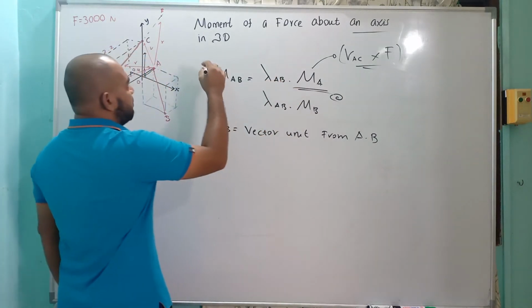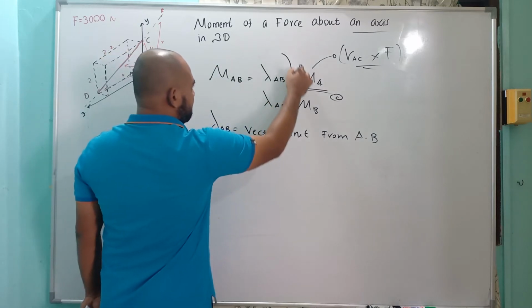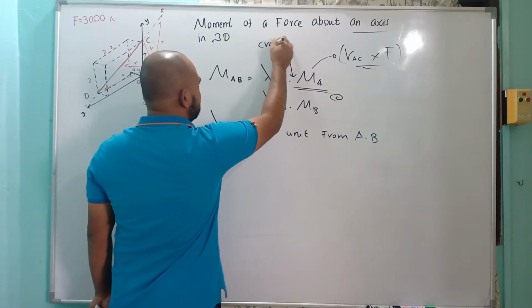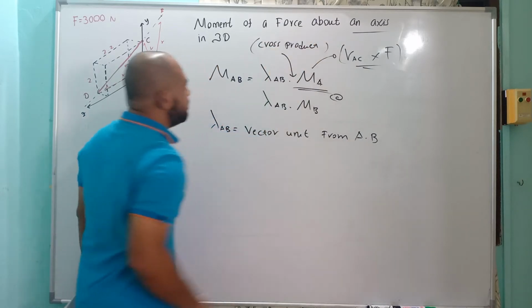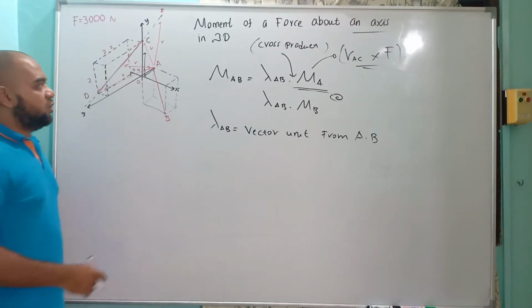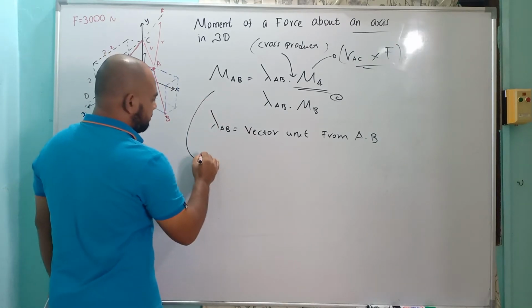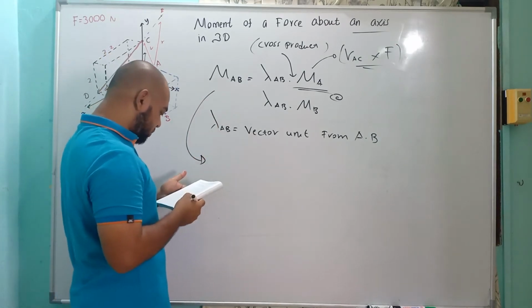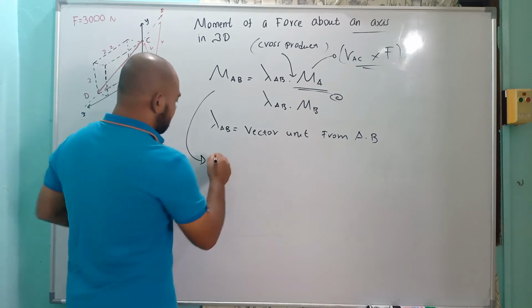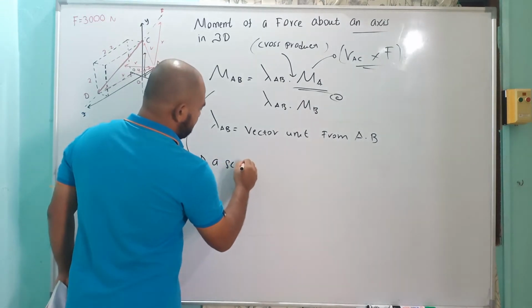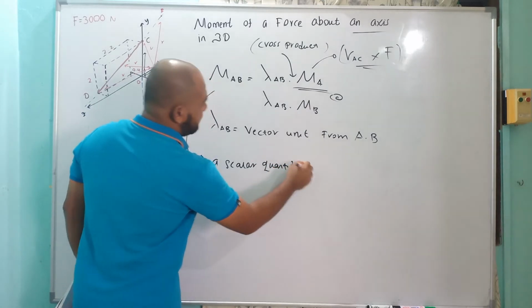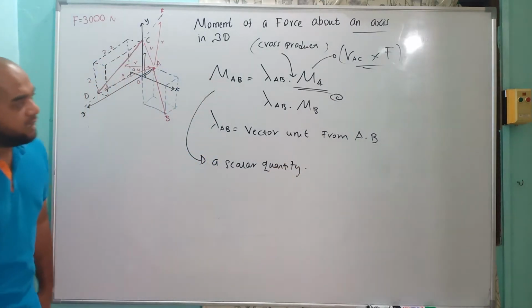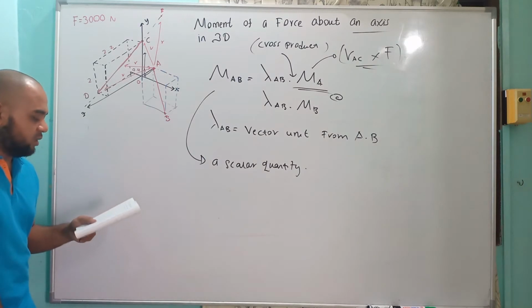Okay, so the moment about an axis, this one, you see it involves a cross product, and the result is a scalar quantity.